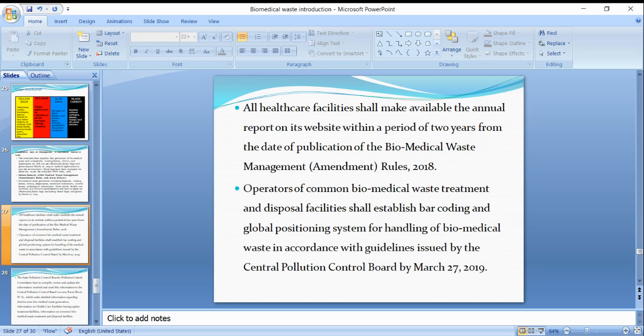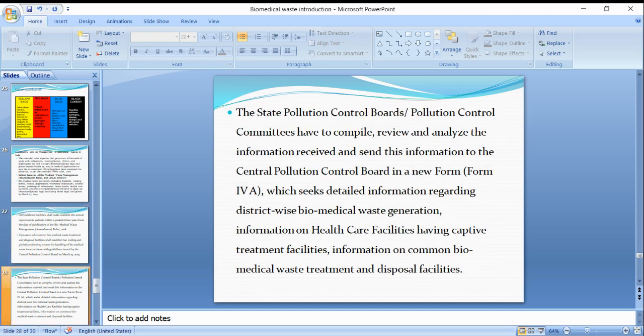If they put in the barcoding, it will improve the handling of the biomedical waste. So it's making a global position.